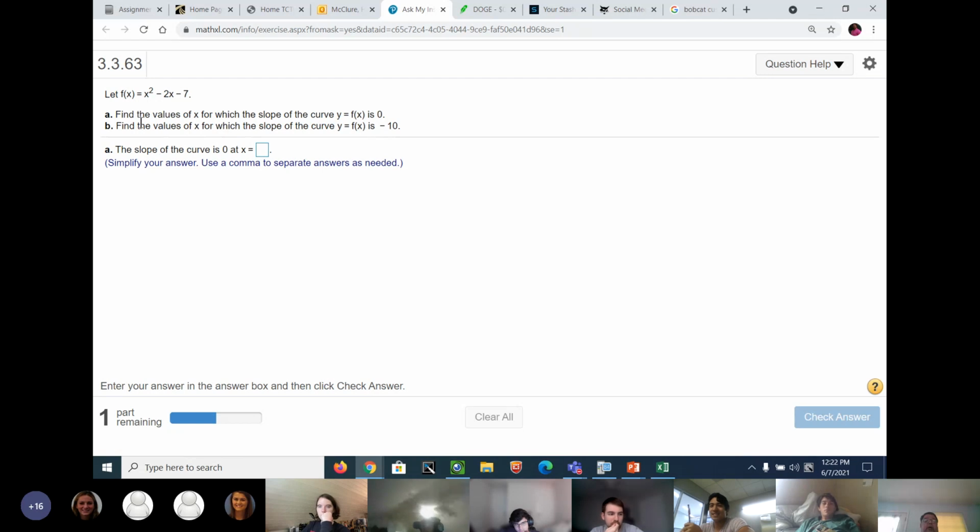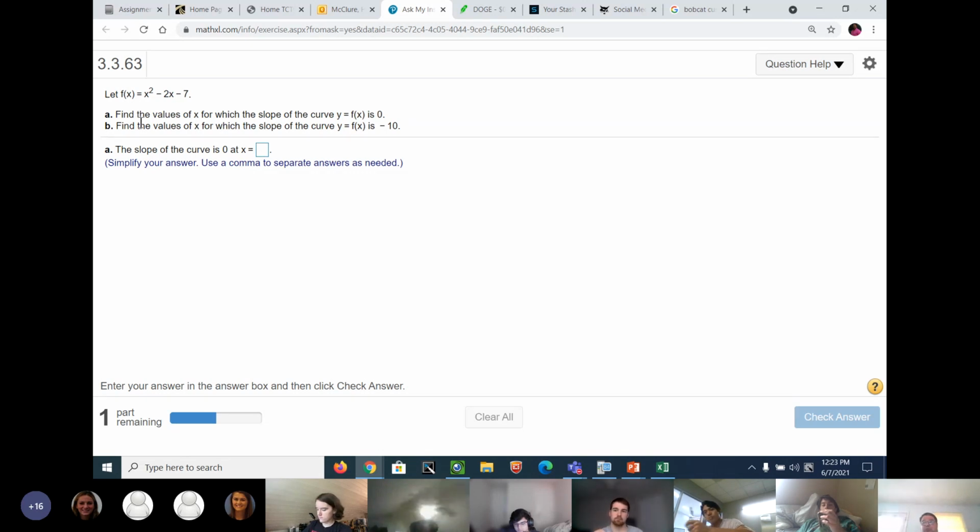F of x is equal to x squared minus 2x minus 7. This is what I want everybody to do. I want everybody to do this by the difference quotient, and then I want you to do it by the power rule of calculus.